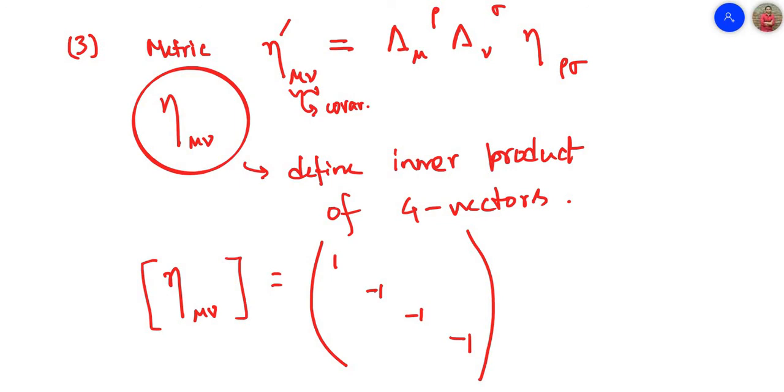How many diagonal elements have positive sign and how many have negative sign is referred to as the signature of the metric. You notice only the relative sign of the metric matters. That means I could also represent it as negative 1 and then plus 1, plus 1, plus 1, and they would describe the same kind of physics. So it is only the relative signs that matter.